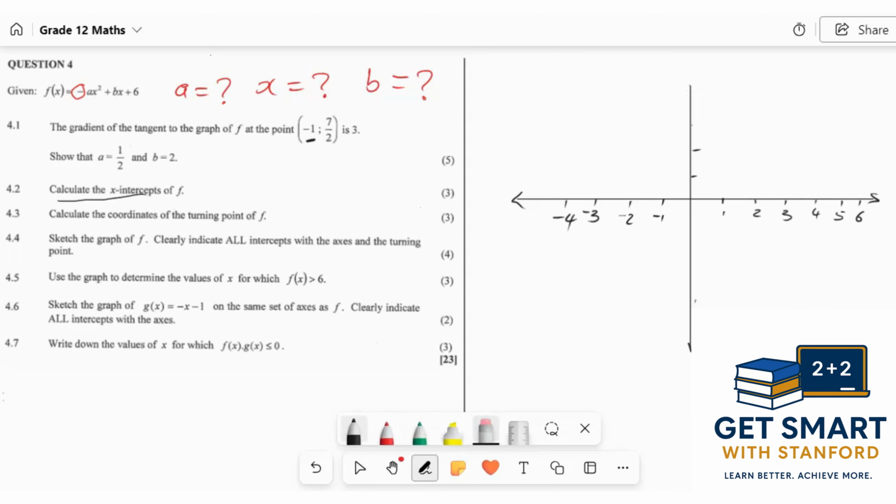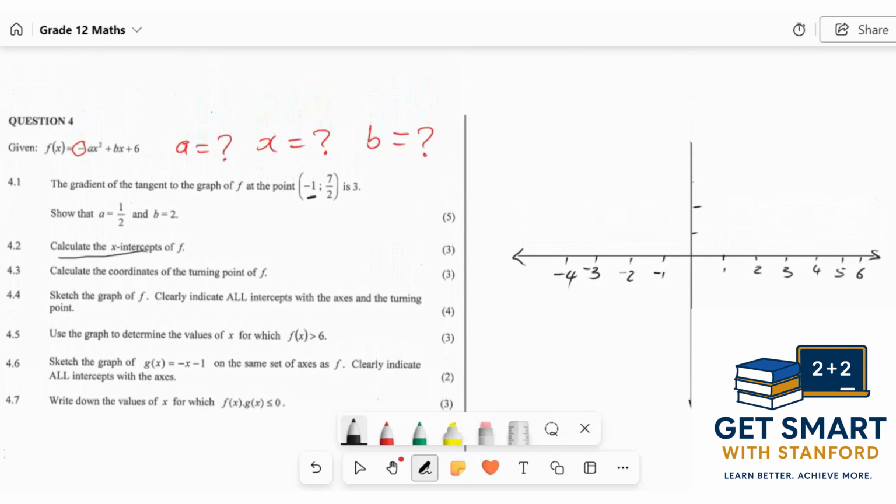Let me make it a little bit longer. Open up the space up there.